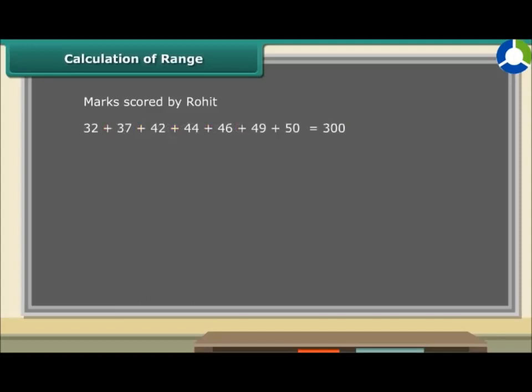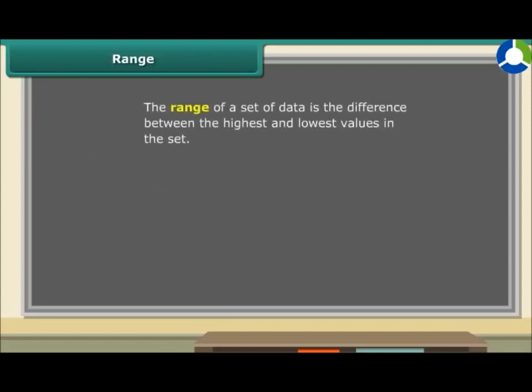We know he gave maths test 7 times. So, the mean marks of Rohit are equal to 300 divided by 7, which is equal to 42.86.